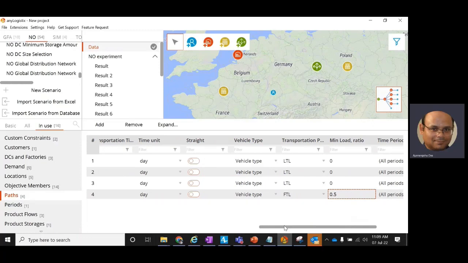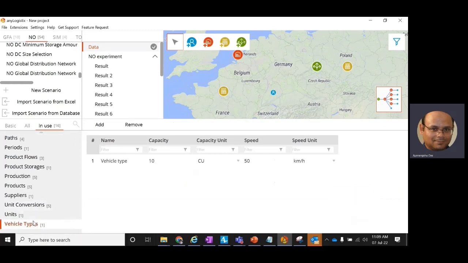So if the volume is more than 50% of the entire truck load, then it will be considered as an FTL shipment. So when we have defined the capacity as 2 cargo units, if there is a shipment volume of 2 cargo units, then it is a full truck.